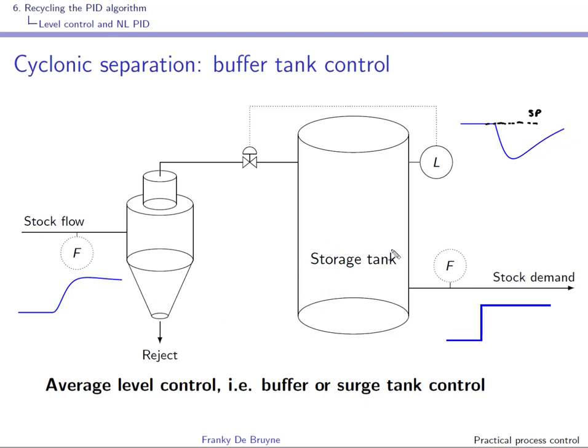This type of level control is called average level control, buffer tank control, surge tank control. You will find different names in the literature.